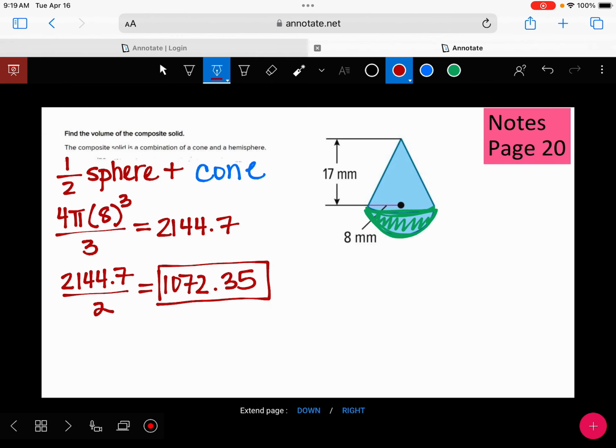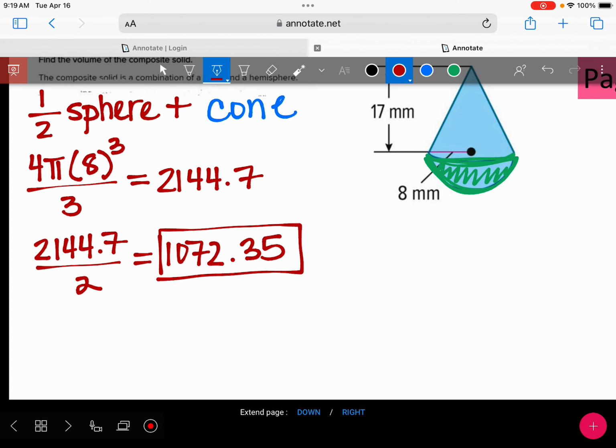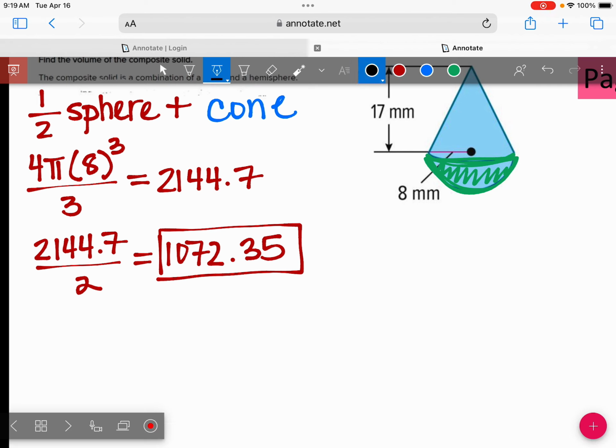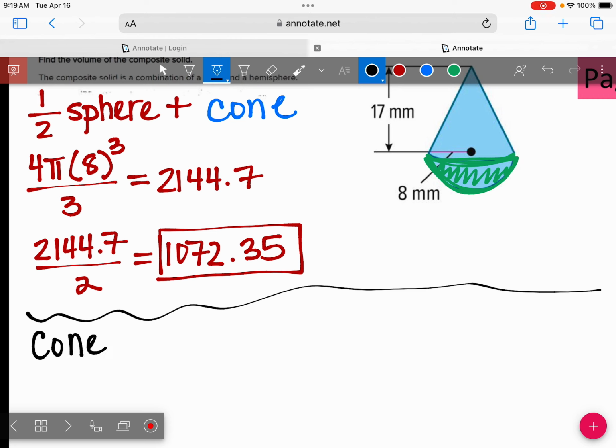Okay, now everybody, I want you to find the volume of the cone. For your cone, the radius is 8 and the height is 17. So go ahead and figure out what would be the volume of that cone.